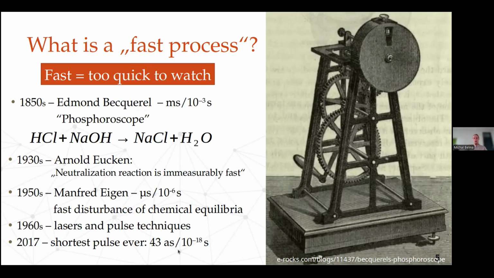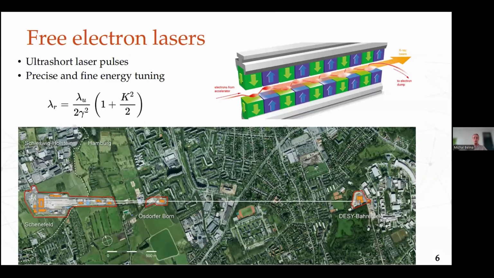So I would like to continue with a brief description of some experimental setups or devices that are used, and the first of them is the free electron laser, which is, how to call it, a laser on steroids.